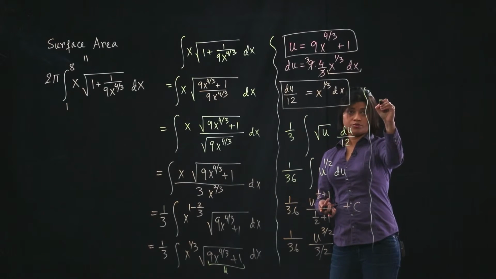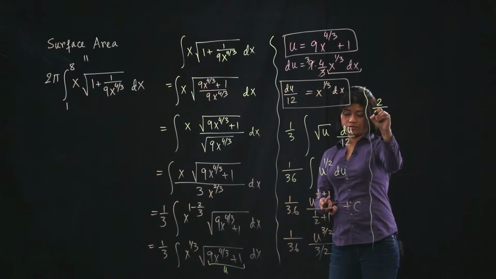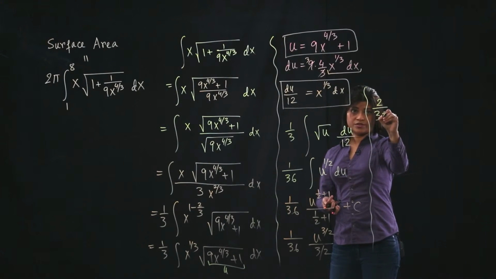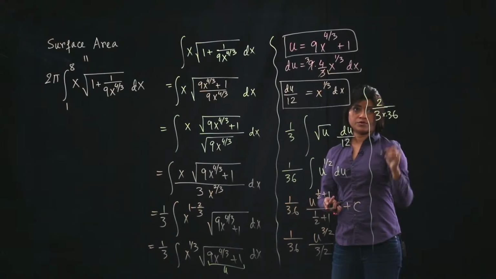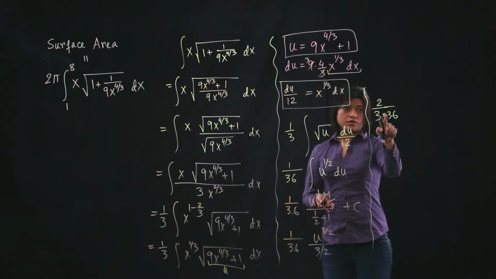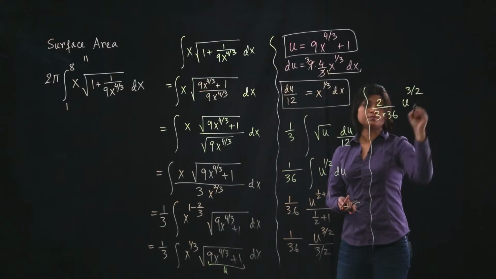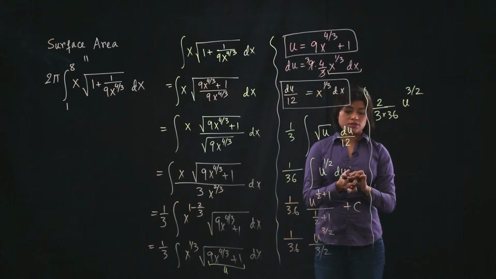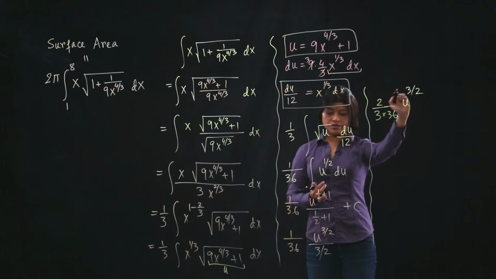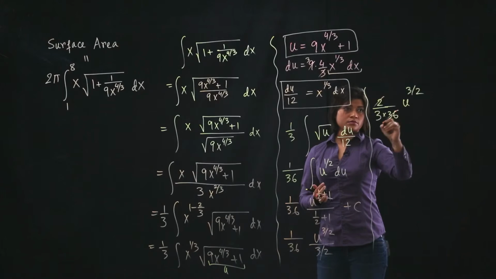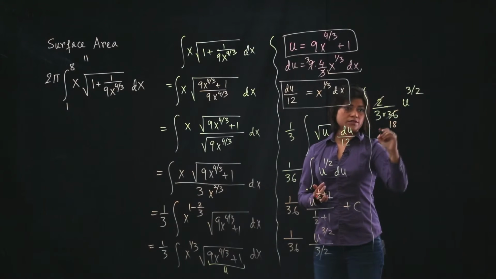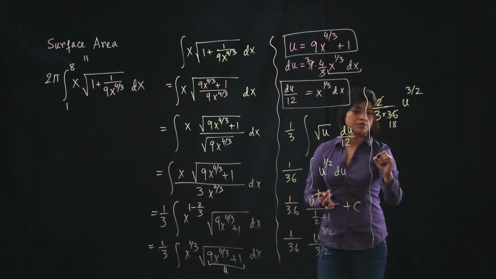So it will be 2/3 and 3 times 36. And you have u to the 3/2. Okay, cancel out 2 and 36. That's 18.